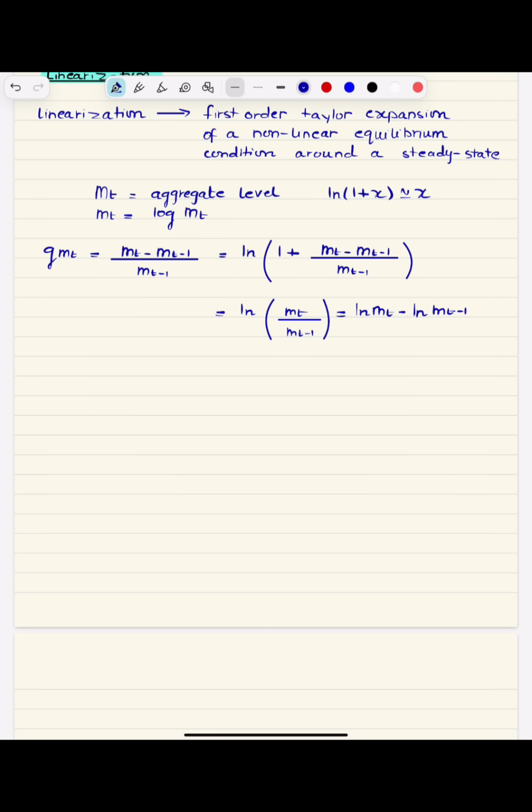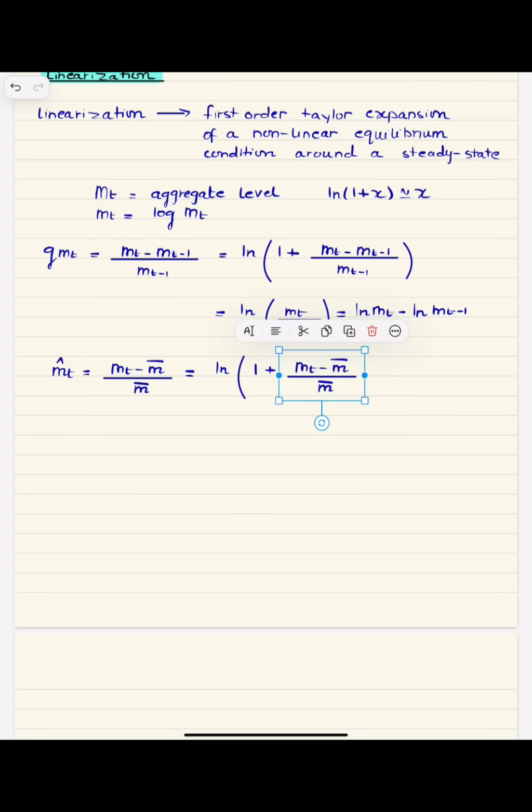Similarly, there's another variable called m hat t. That is just the deviation of money supply from the steady state. And we do the same mathematics here because this is a small number. We can write it as 1 plus the small number, and when we simplify this, there's an approximate sign here actually.